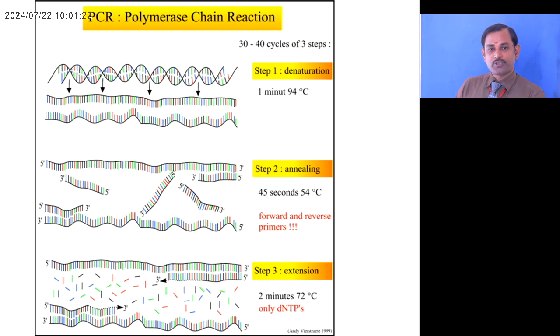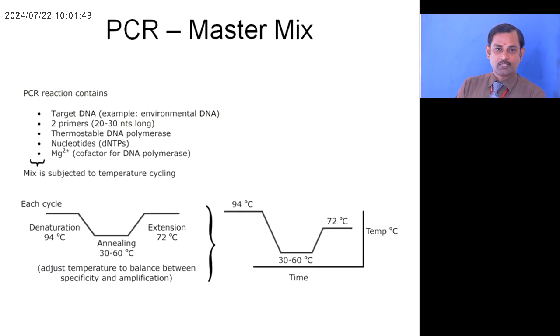In extension, the primer attached to the template strand continues the elongation process for copying the DNA. This happens with the help of dNTPs, and all the nucleotides are attached to the complementary strand by the enzyme called Taq polymerase. Taq polymerase is one of the most important enzymes used regularly in the PCR technique.